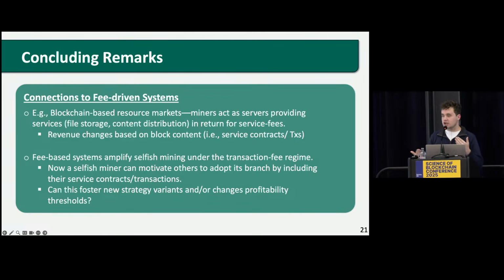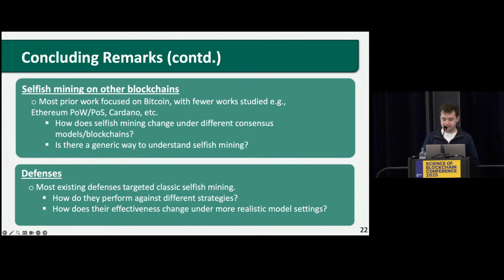Miners' future revenue changes based on how newly published content from these service contracts and transactions arrives. And in general, we find that this amplifies the effects of selfish mining, especially in the transaction fee regime. And this may foster new strategies further from what we discussed here. So hopefully this is something we can get back to after detouring into this deep dive of selfish mining, but it's a future direction for sure.